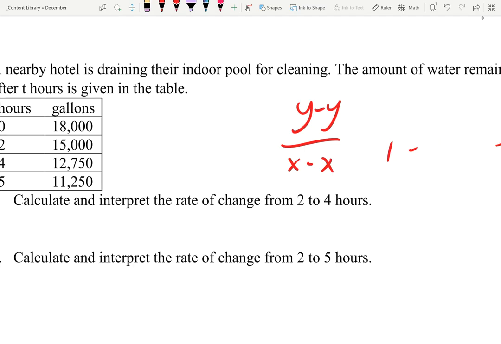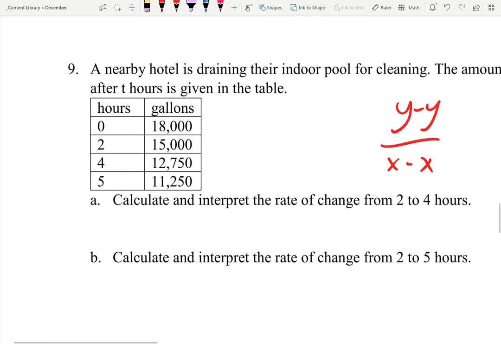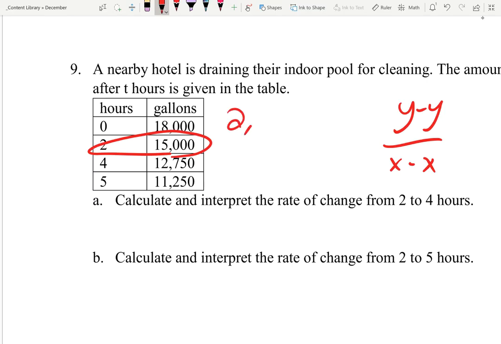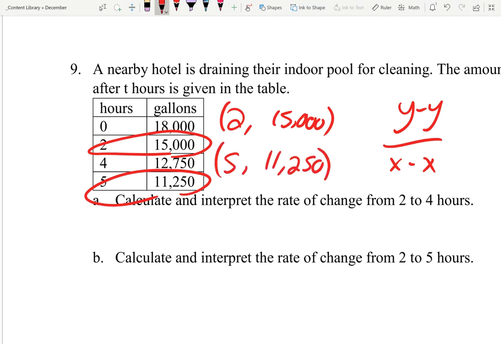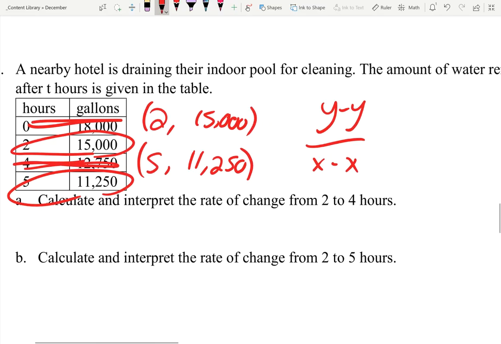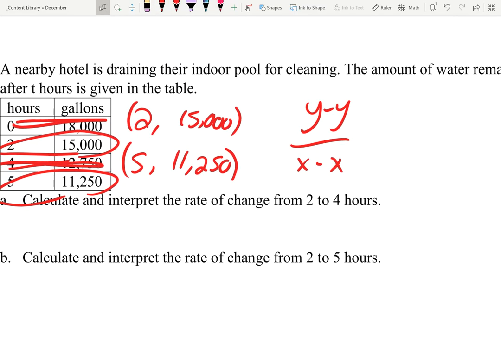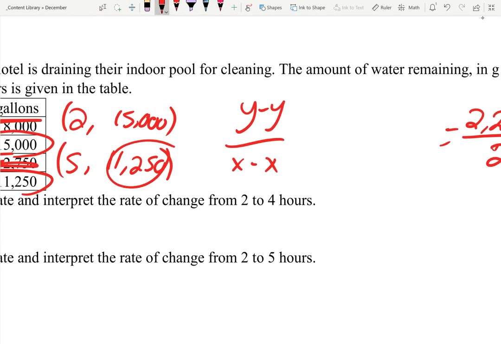This is between 2 and 5 hours. So 2, again, was 15,000. And 5 is 11,250. So same idea. Subtract the y's and then subtract the x's, but only for those 2 points. Don't worry about the other points, okay? Only focus on those. So if I subtract the y's, we're going to do the bottom minus the top one.